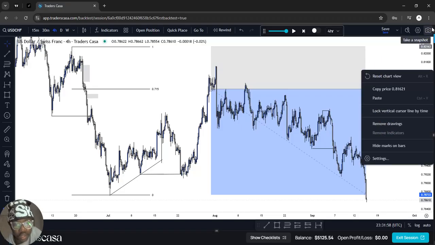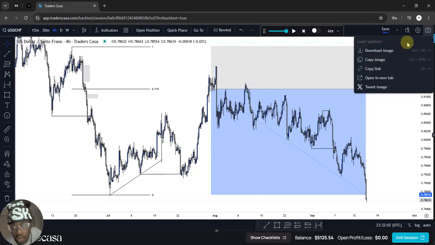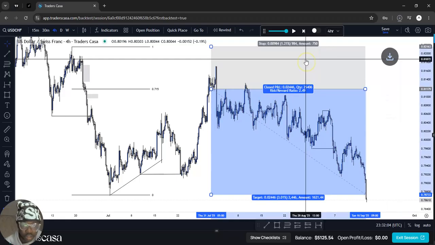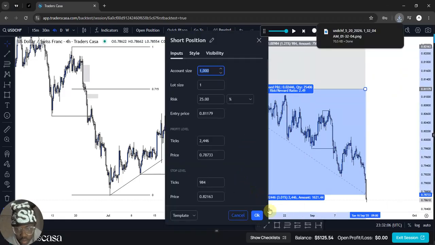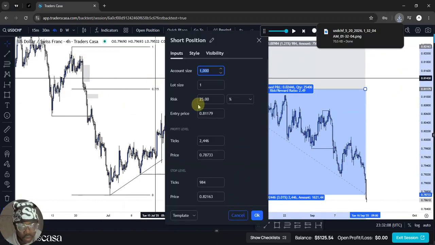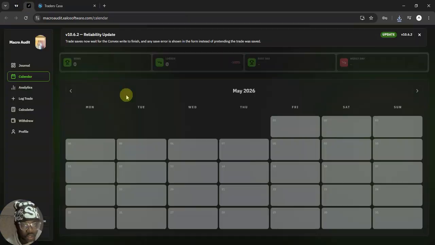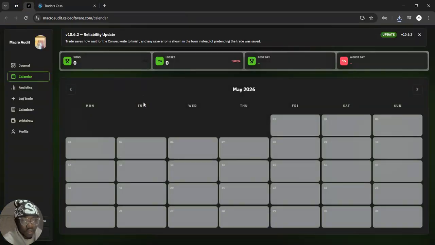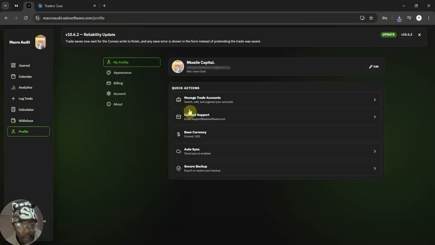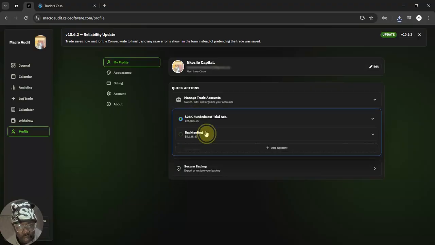I didn't take the picture of the first one though, which pisses me off. The before, but I'm just gonna jot it down. So we made 125.54. Gonna take this, go to the channel right here, and I'm just gonna go to the profile and manage backtesting. I'm gonna switch.